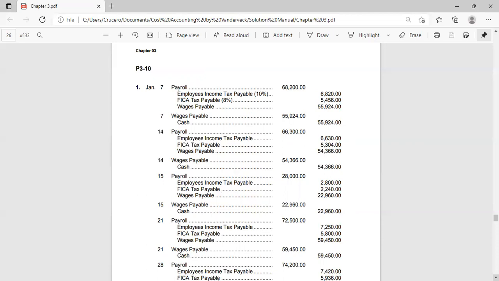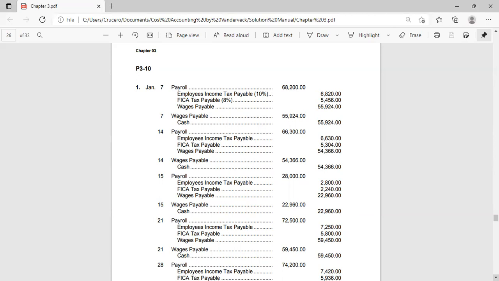Following is the narrative with transactions completed during January. January 7, recorded total earnings of factory employees amounting to 68,200, less deductions for employees' income taxes and FICA taxes.